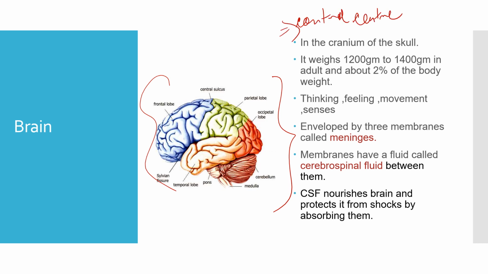It is the main control center and it is present inside the cranium of the skull. It is the site of information processing of the body's sensations. The brain is a highly developed organ situated in the cranium of the skull. In an adult, the brain weighs from 1200 grams to 1400 grams, which is about 2% of the body weight.